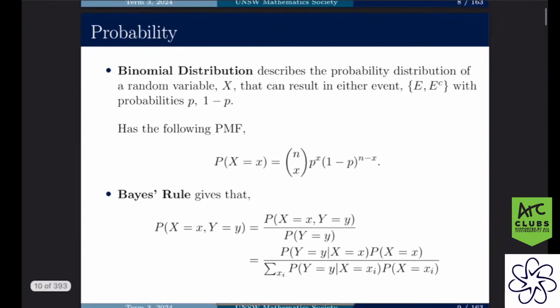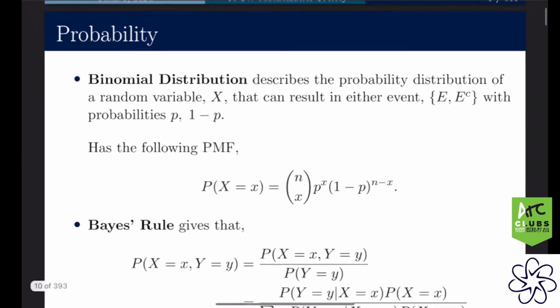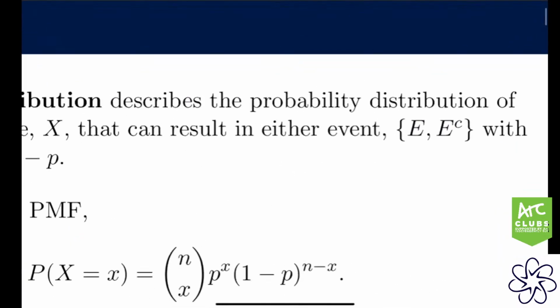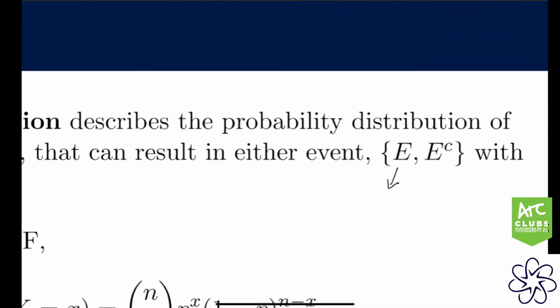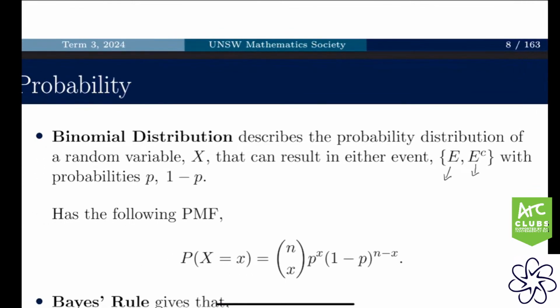Briefly, some probability is needed as well. The binomial distribution describes the probability distribution of a random variable X that can result in either event E or E complement. This represents the probability of an event occurring and the event not occurring, with respective probabilities p and 1 minus p.